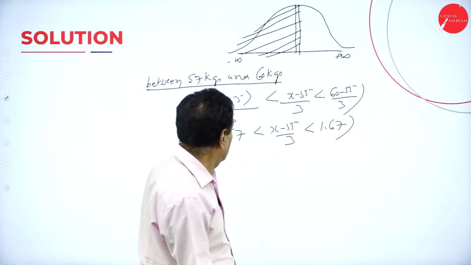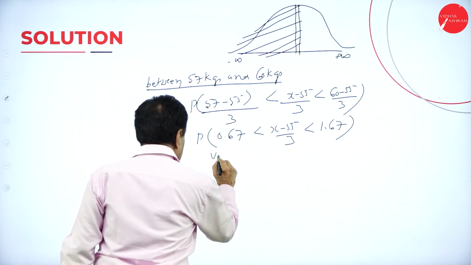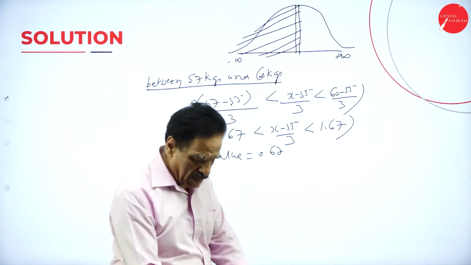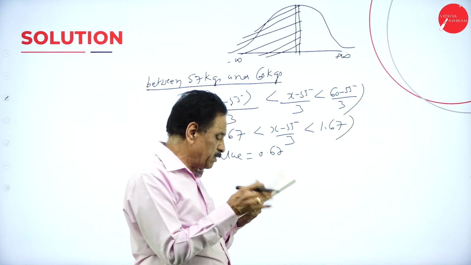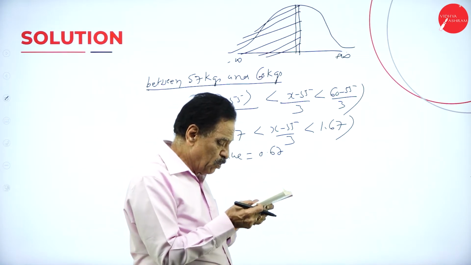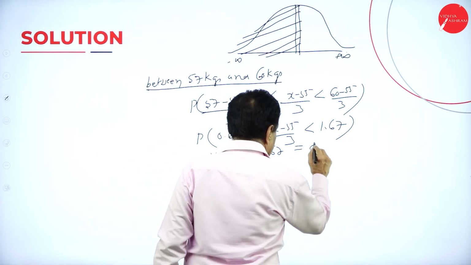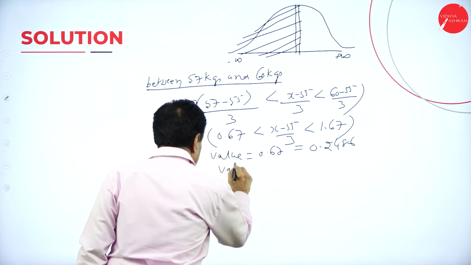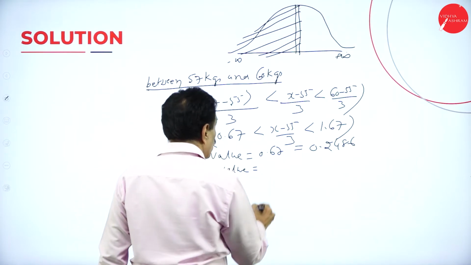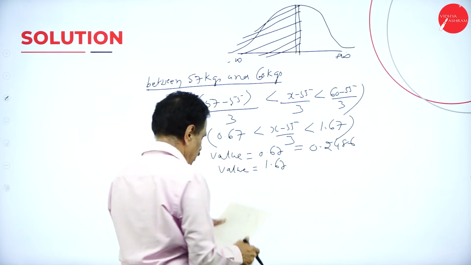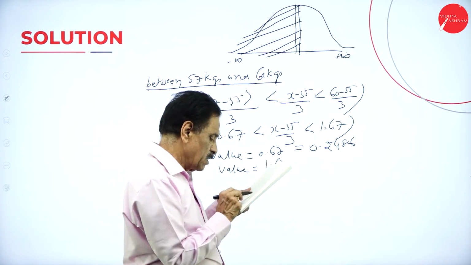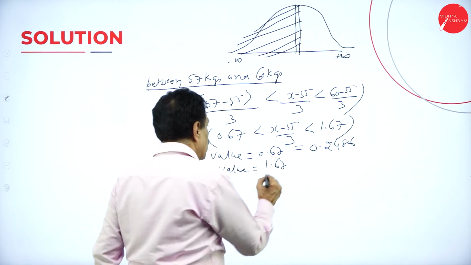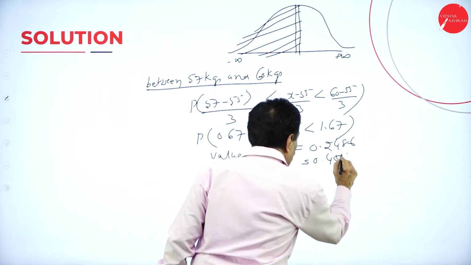Value for 0.67 is 0.2486. Value for 1.67 is 0.4525.